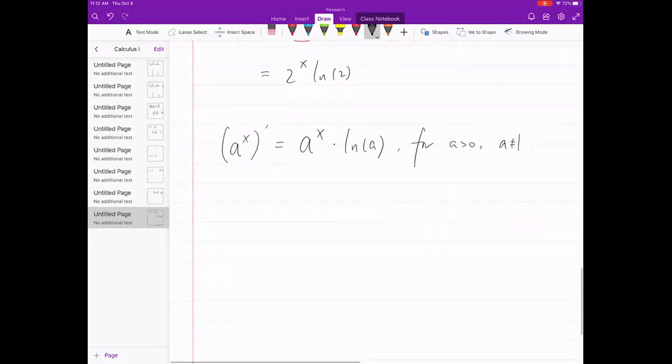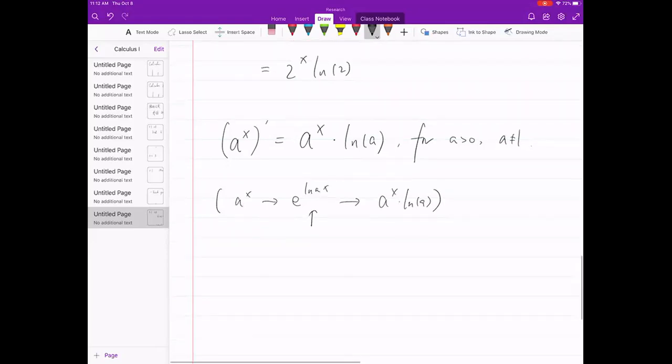The way to do it is to take this one, change it to be e to the ln x, apply the chain rule, and finally get this one. We exploit the fact that e to the x is e to the x. Then we can just do this one by doing a small modification.